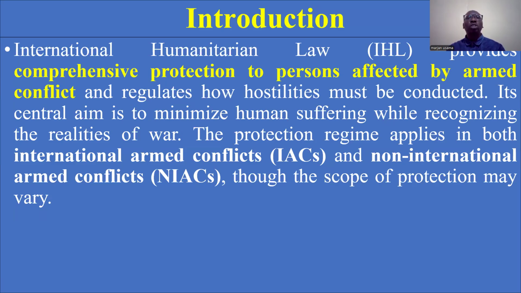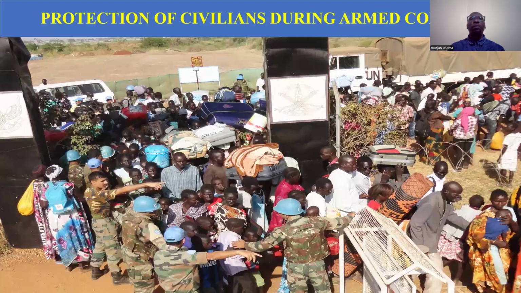So here they're basically telling us that international humanitarian law provides protections to some groups of people affected by armed conflicts. And today we shall be talking about those groups of people who are protected by international humanitarian law.